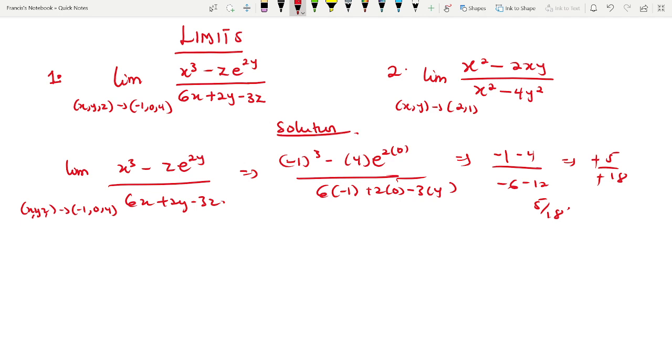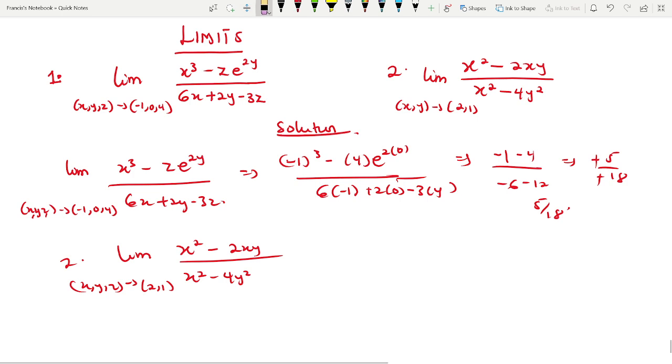So let's see the second part. The limit of x squared minus 2xy over x squared minus 4y squared as (x, y) approaches (2, 1). Sorry, as xy only, not z. So with this, as I told you in the previous problem, the first step is to put your limit value inside the function.